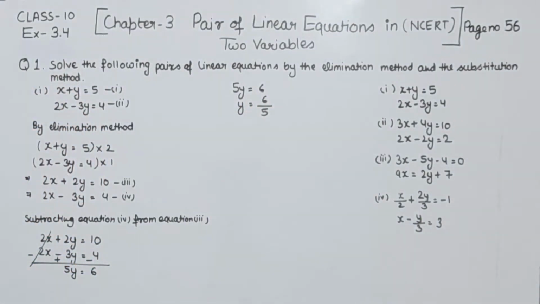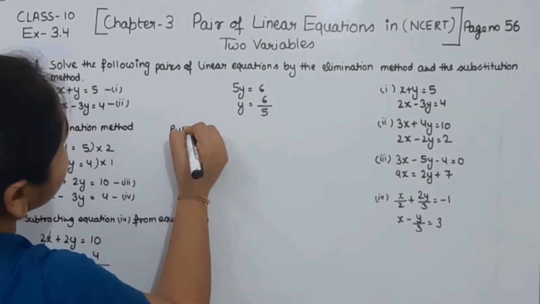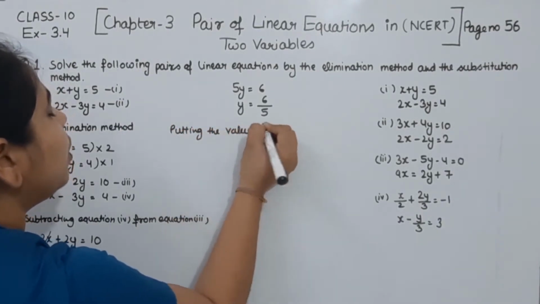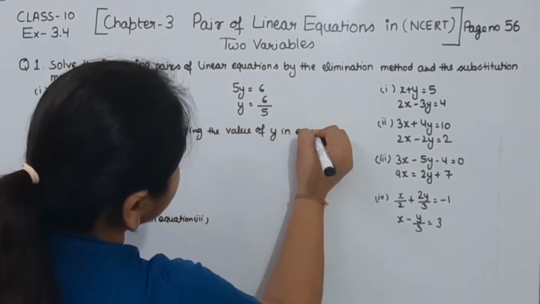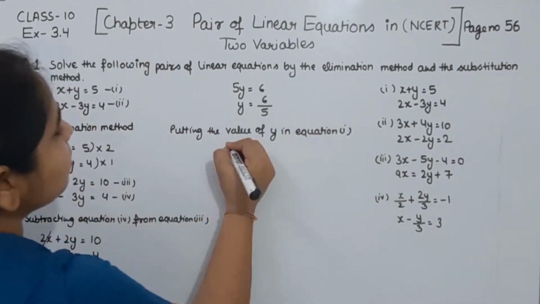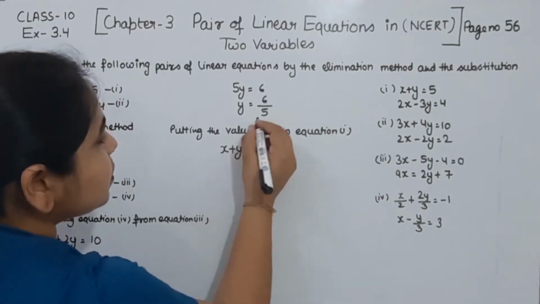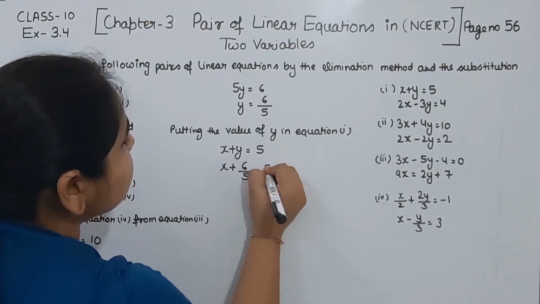Now I am going to put this in any of the original equations, 1 or 2. So I am going to write here: putting the value of y in equation 1, which is x plus y equal to 5. So x plus 6 by 5 is equal to 5.